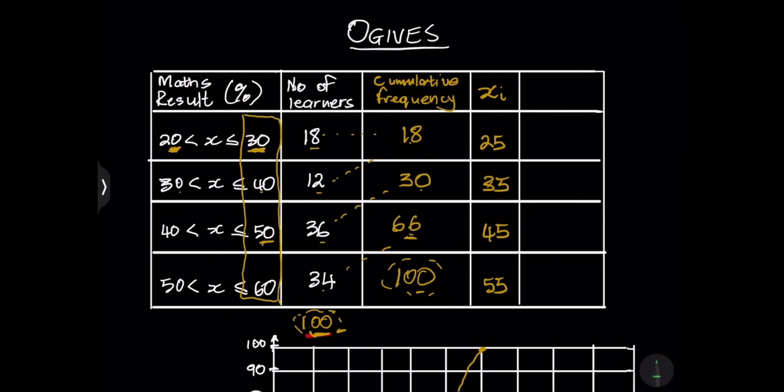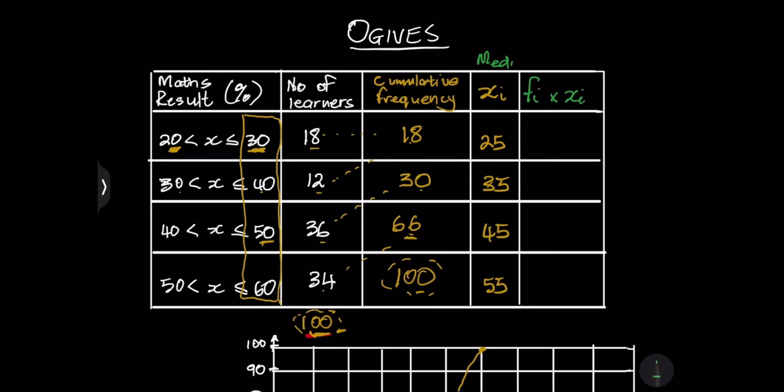Let's take the frequency multiplied by the middle value, the midpoint.